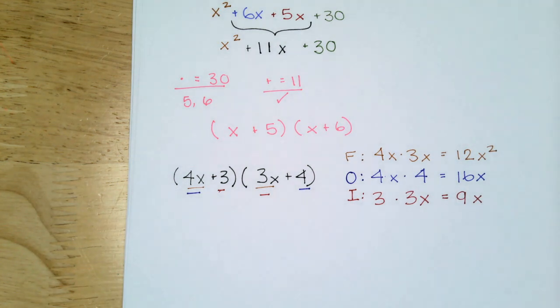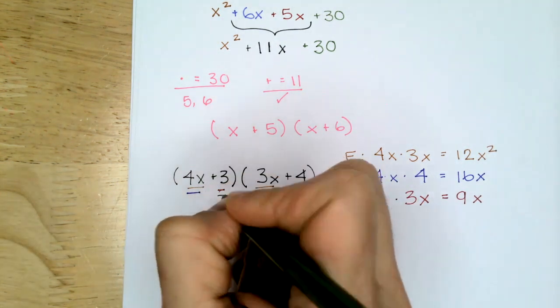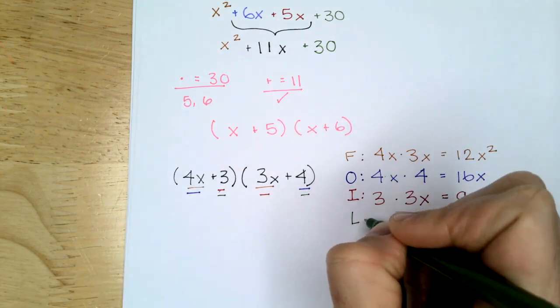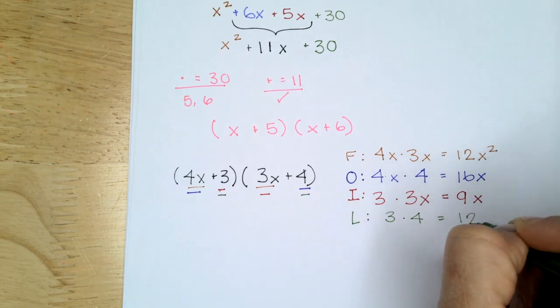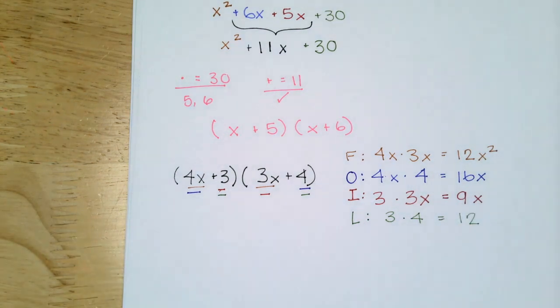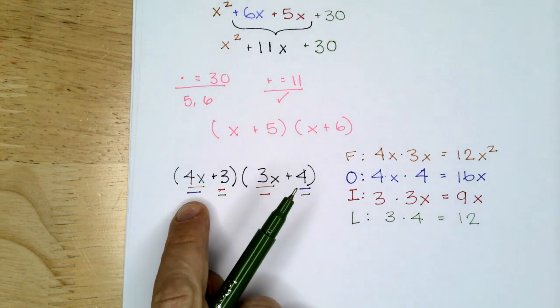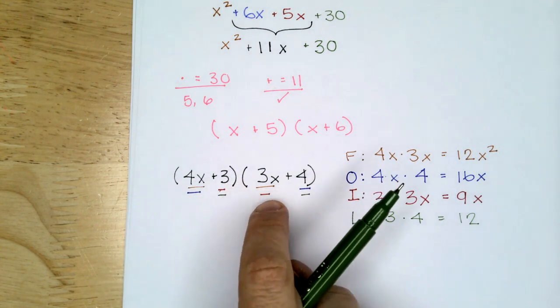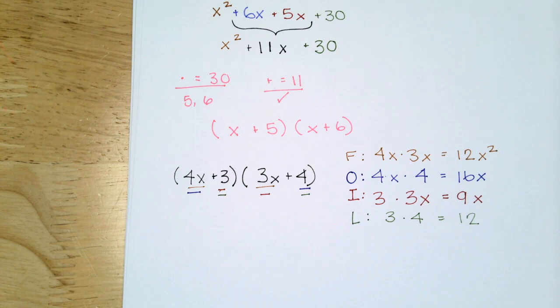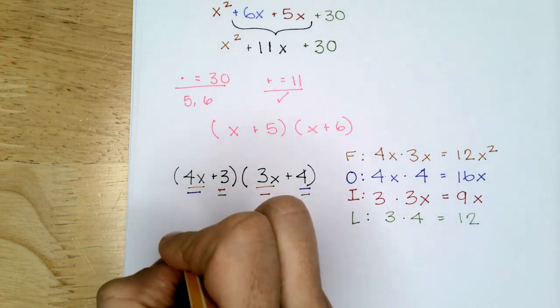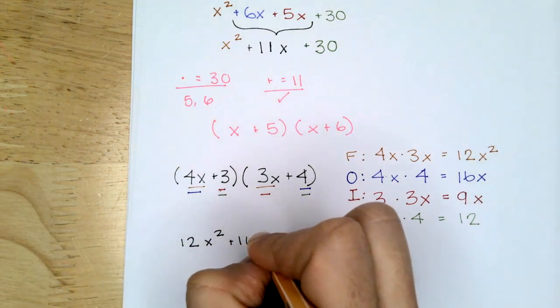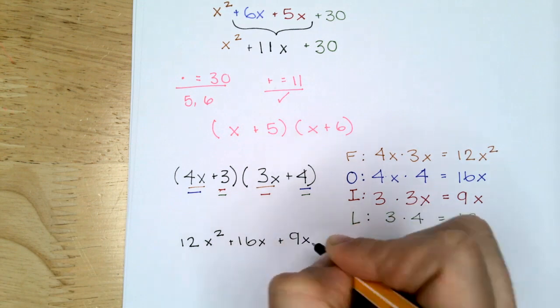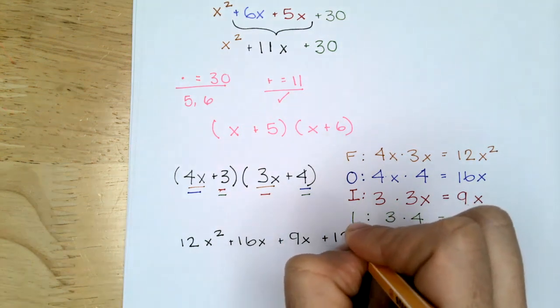And last, you have that 3 times that 4. No x's, so it's just 12. Good? So as you can see, just by the demarcation, we've used each term 2 times in multiplication. So we would rewrite that as 12x squared plus 16x plus 9x plus 12.